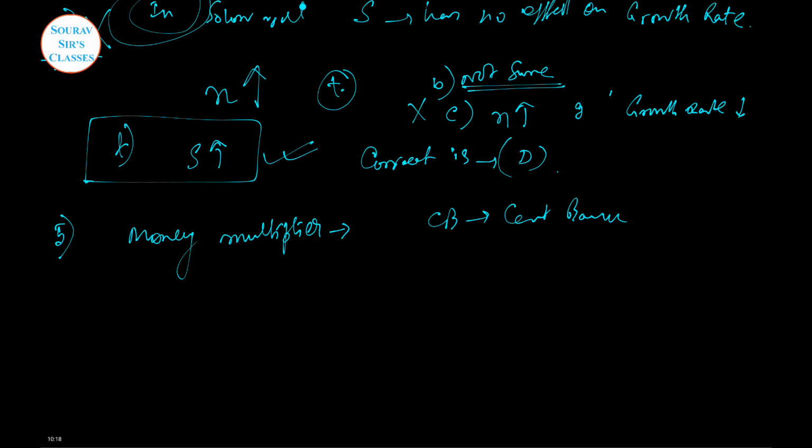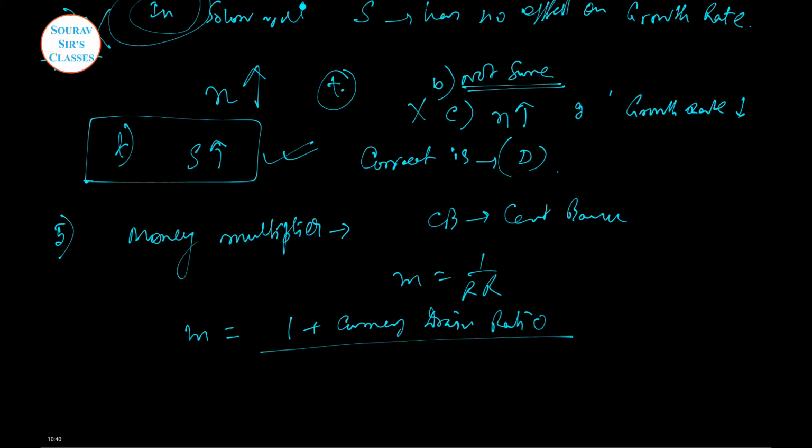So there is a fractional reserve banking system which is very important, and in general the formula is M equal to 1 by RR, the reserve ratio, and where M is, that is, 1 plus currency drain ratio divided by currency drain ratio CDR plus desired reserve ratio.